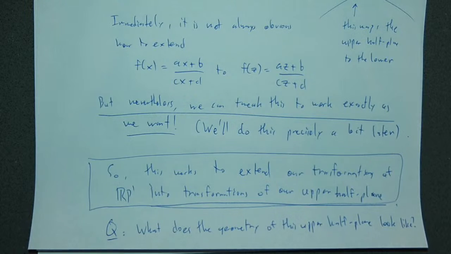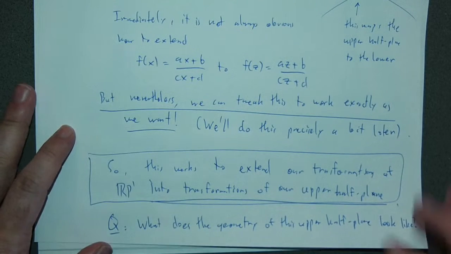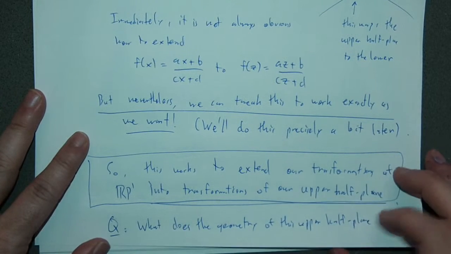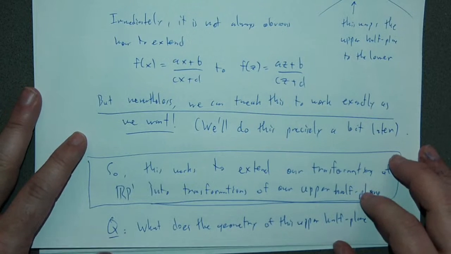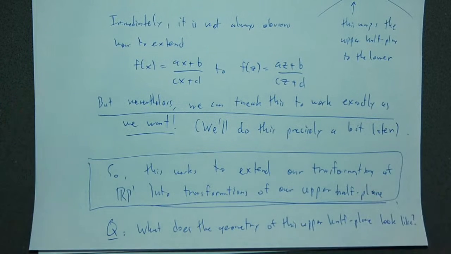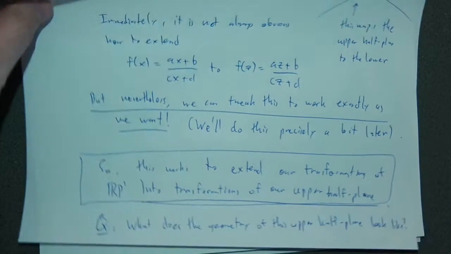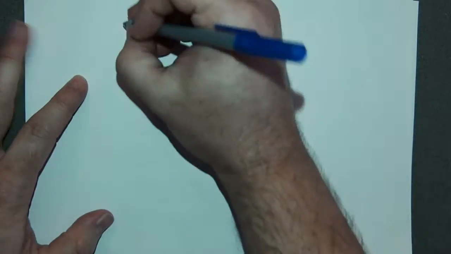So these are the Möbius transformations. And so the question is, what does the geometry of the upper half plane with Möbius transformations look like? The reason why this is saved till the very end of the course is that we just now in chapters 7 and 8 have been talking about how a transformation group gives geometry, right?